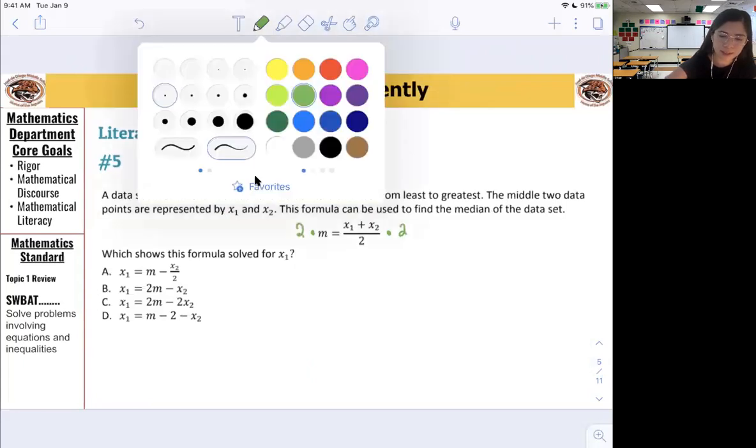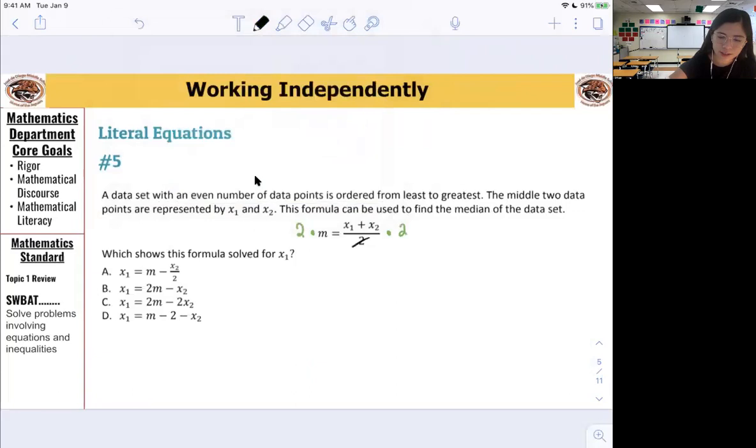And what happens is the 2's cancel. On the left, I have 2m. On the right, I have x1 plus x2. Now I'm one step closer to getting x1 by itself. The only thing I need to get rid of is this x2. And since I'm adding x2, I'm going to get rid of it by using the inverse operation, which is to subtract. And I got to do that on both sides.